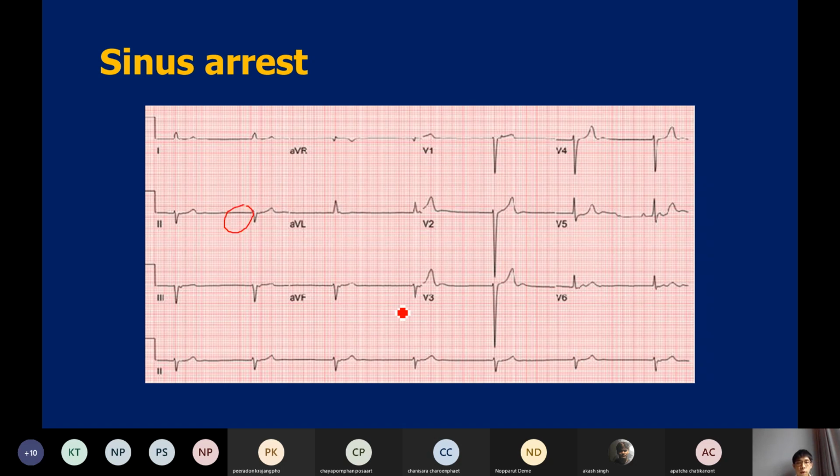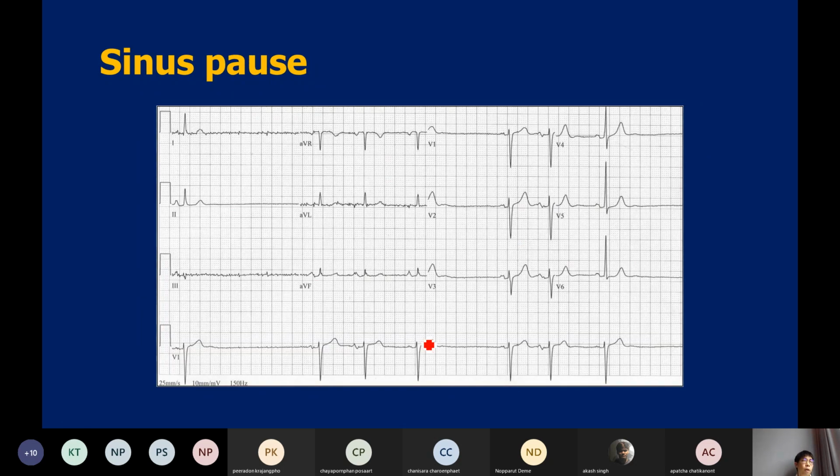This means that the impulse could not be generated at all from the sinus. The criterion for sinus arrest is no P wave on the ECG for 2 seconds or more without recovery of the P wave. So if you cannot see the P wave at all and you can only see the QRS, you can say this is sinus arrest. This is an impulse generator abnormality.